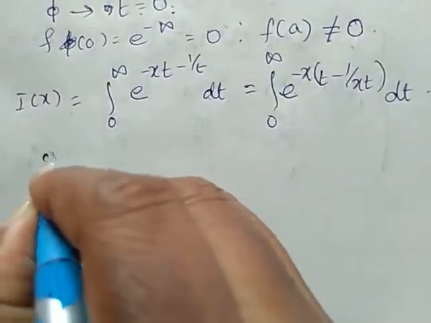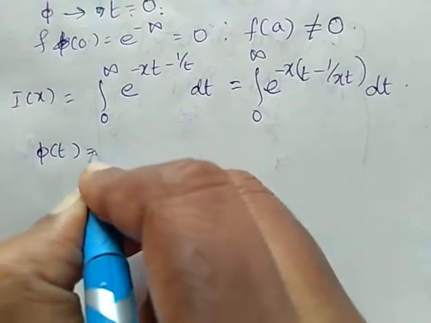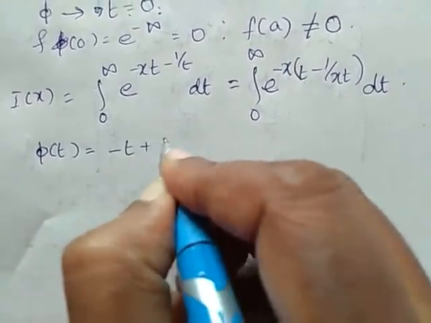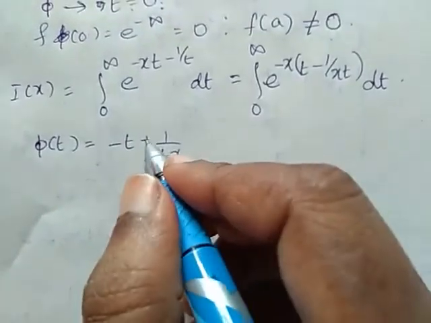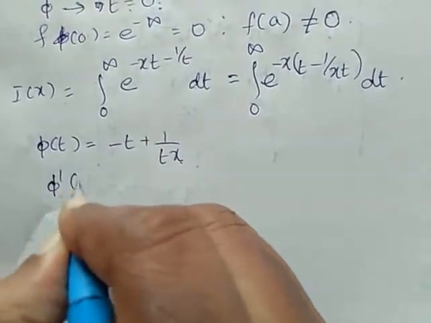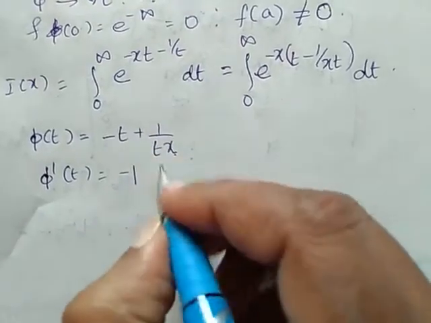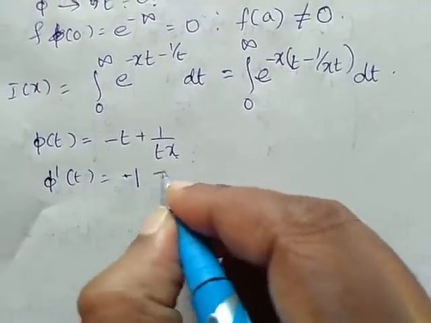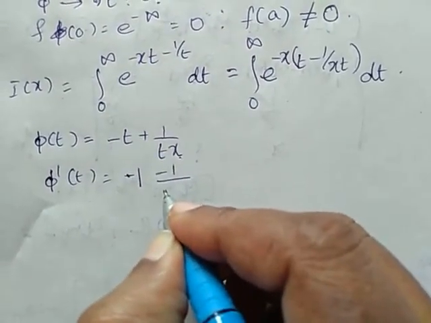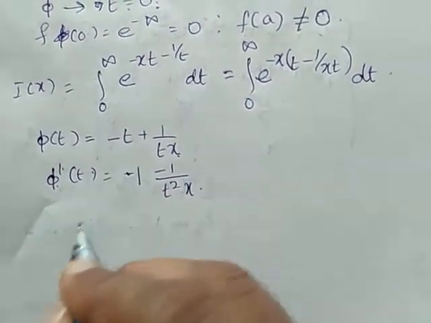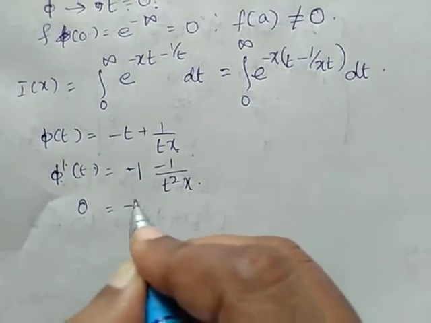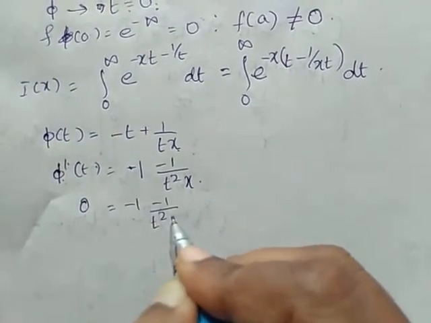So what is our phi of t? Phi of t is minus t plus 1 by t x. If we differentiate this, what will happen? Phi dash of t is equal to minus 1 minus 1 by t square into x. When phi dash of t is 0, we will have 0 is equal to minus 1 by t square x.